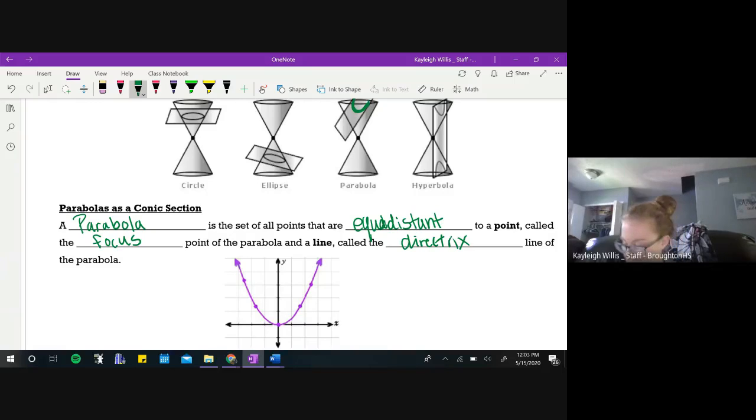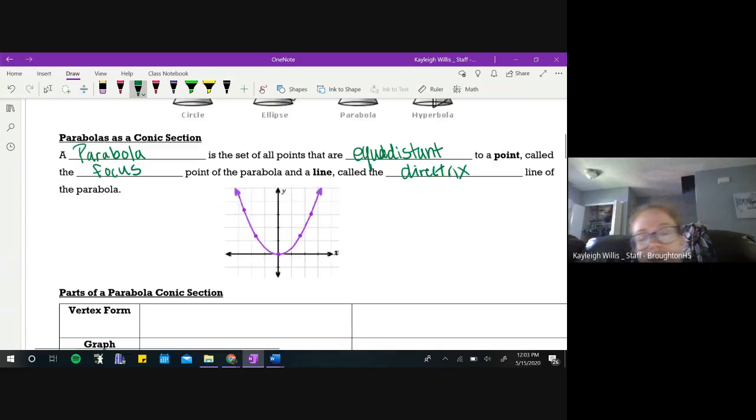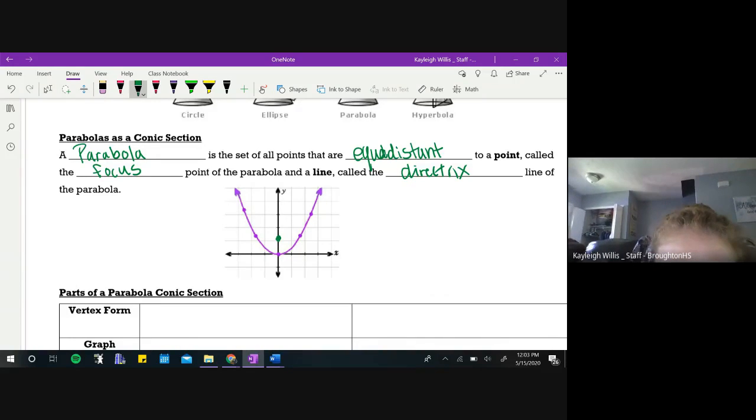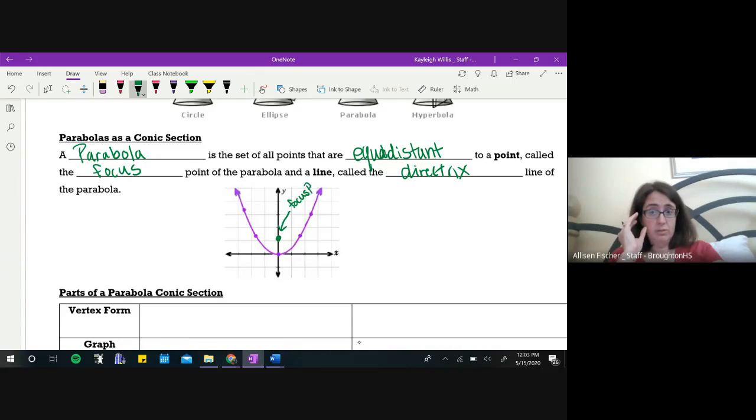So what the heck does all of this mean? Here's the parabola you know and love, you've learned about, all that fun stuff. We have a focus point on the inside of the parabola. So this is what we call the focus point. Is it always at that one spot?